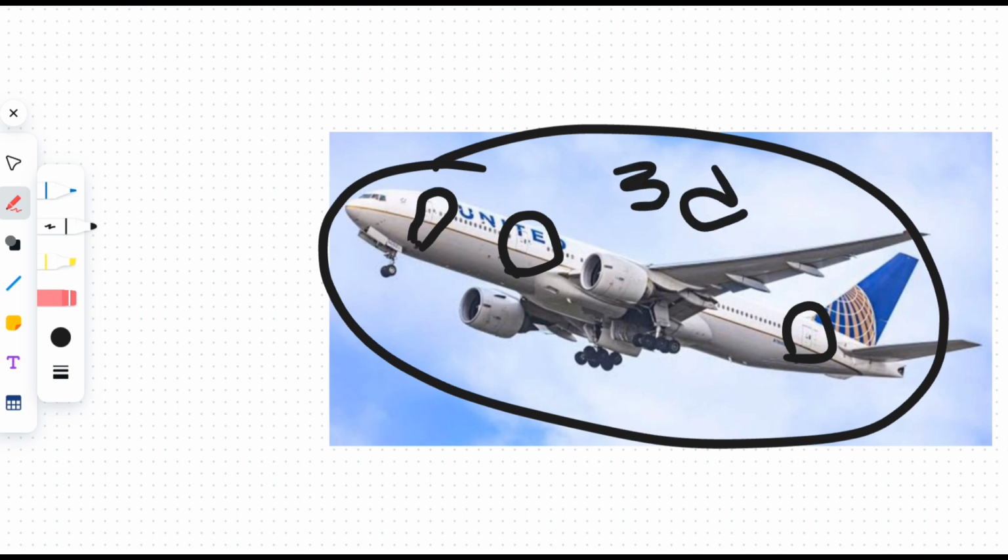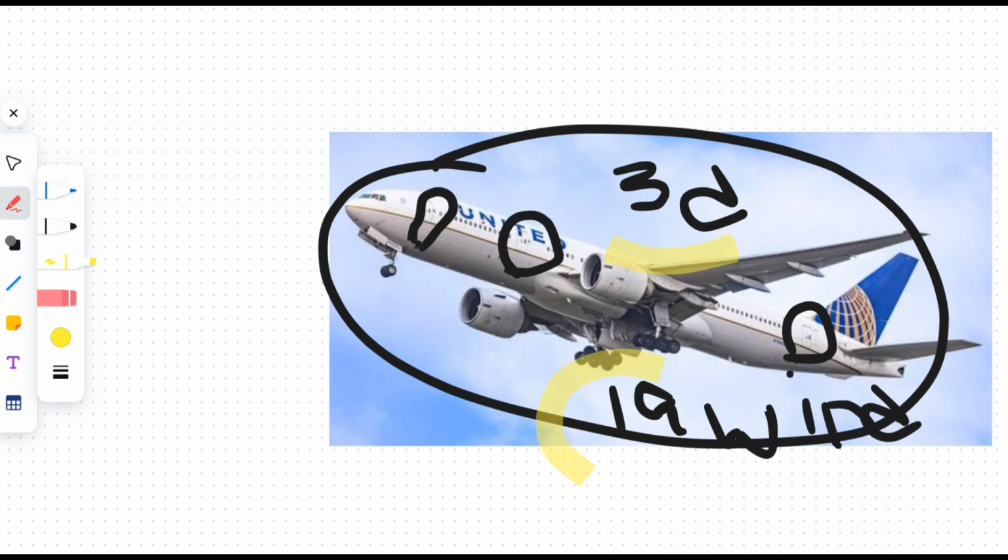So I will be writing here three doors, and there are a total of 190 windows. Sorry for the zeros, but it's 190 windows. So there are 190 windows and 3 doors in one aeroplane.